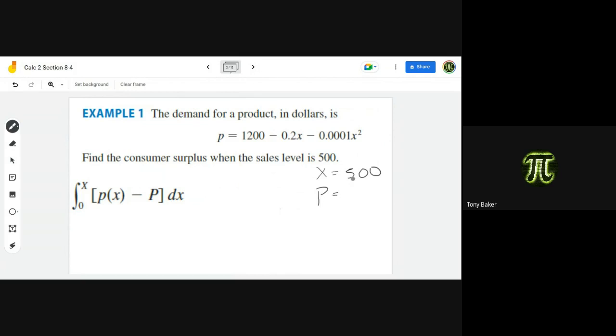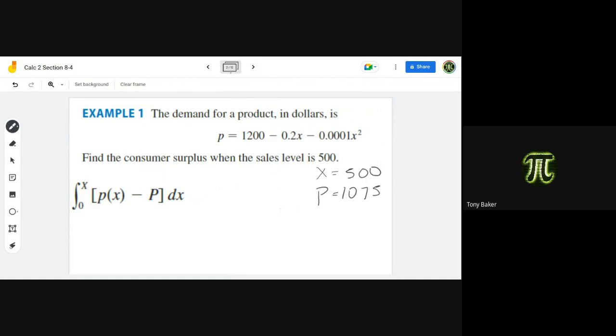So when you plug in 500, you get what? Correct. That means they're selling 500 products for $1,075. And that's big P, the price. For 500, you plug it in for X.